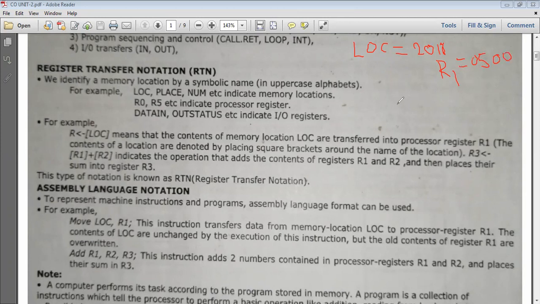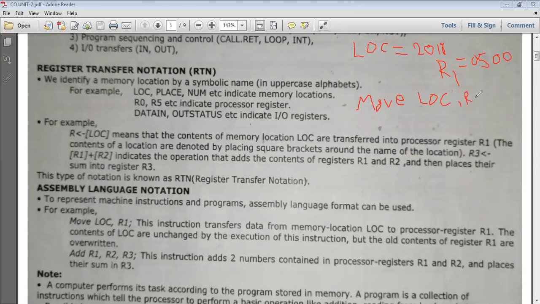Whenever we use Move LOC, R1, what happened here?